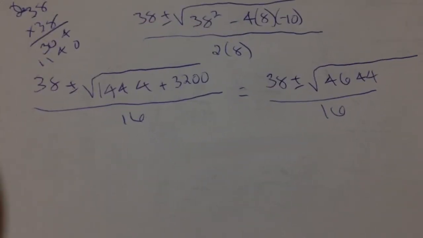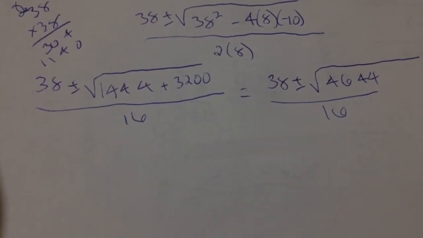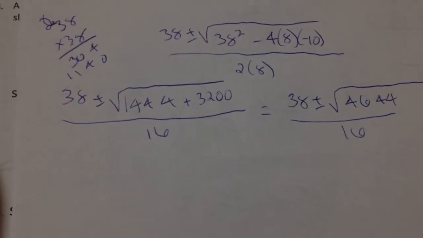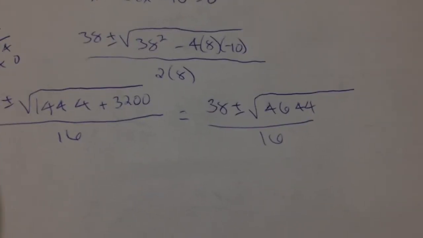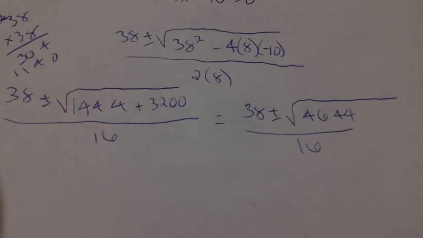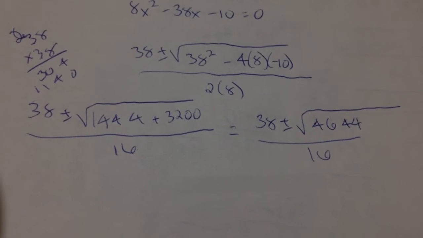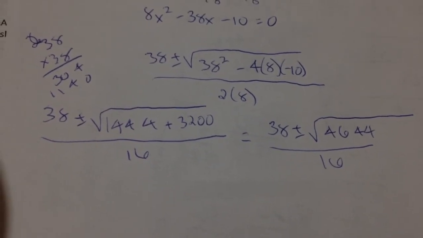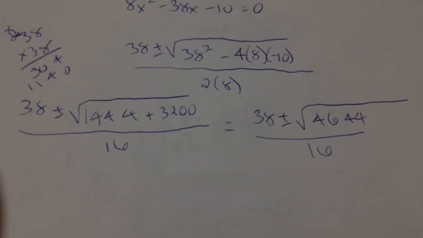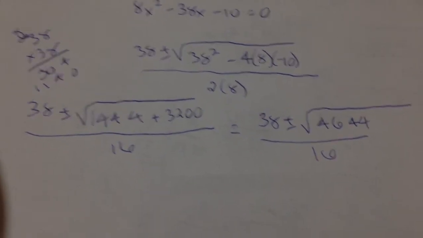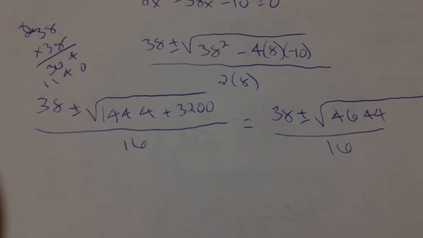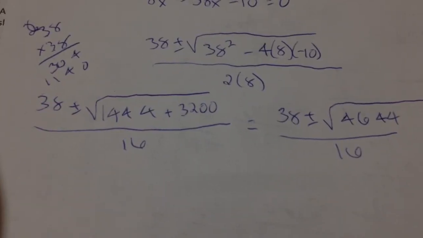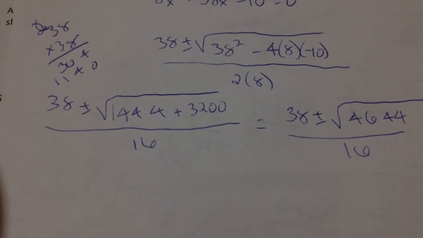No, it is not a perfect square. Let me make sure I added correctly. 1, 4, 4, 4, plus 3200. Okay, that's right. And then let me make sure I squared 38 correctly. Yep, plus 3200. And that is not a perfect square. Well, that's just disappointing.